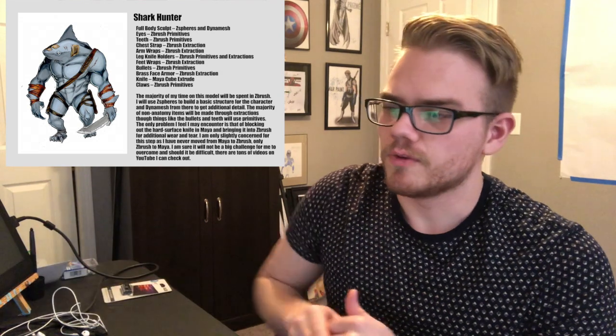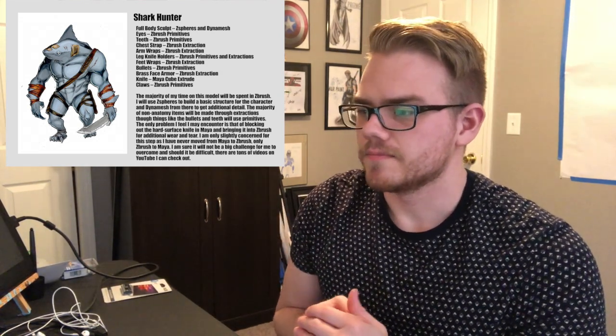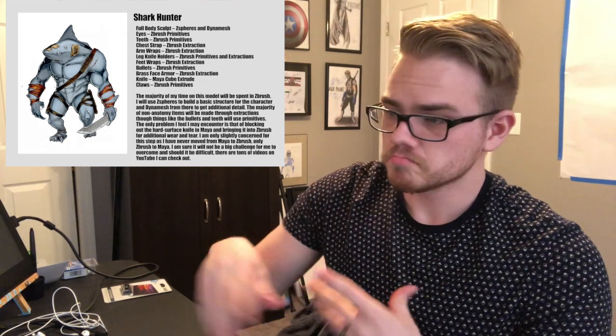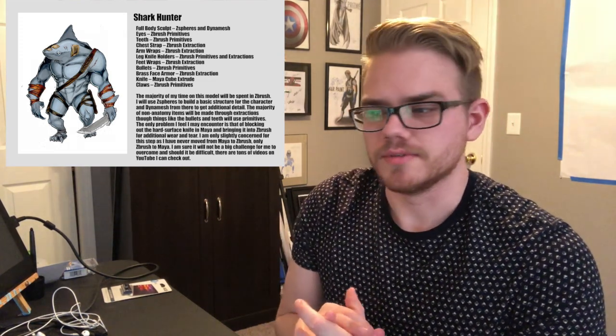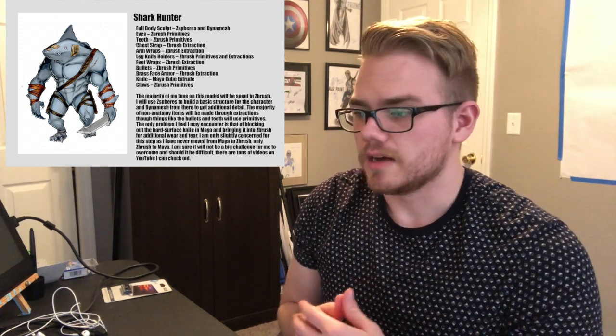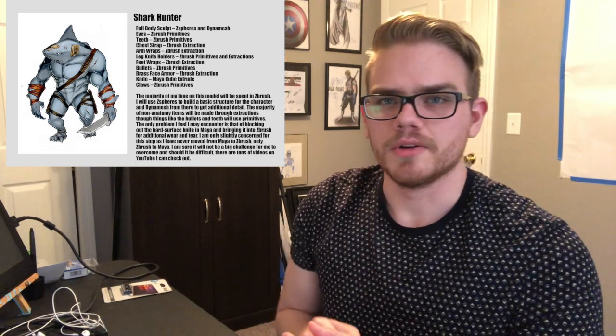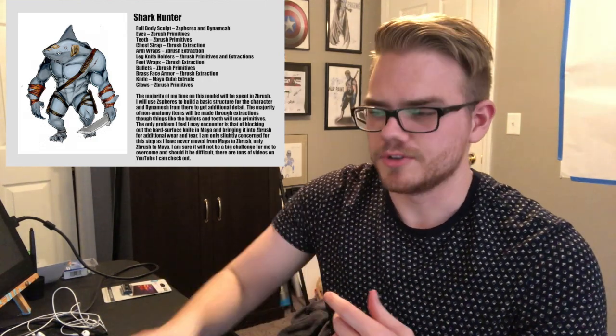Like full body sculpt, I'm going to use Z-spheres and then Dynamesh. For the teeth, I'm going to use little cones or whatever, ZBrush cones. For all of the straps on them, I'll use the extraction tool and stuff like that. And then just give a little paragraph further explaining it. That's pretty much all your planning guide is.